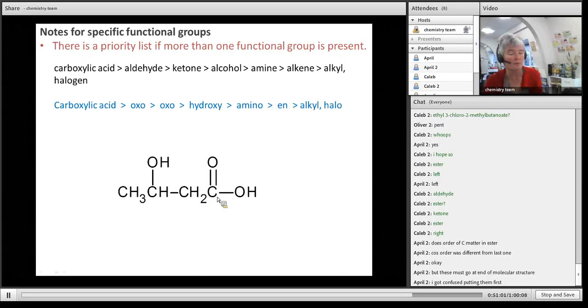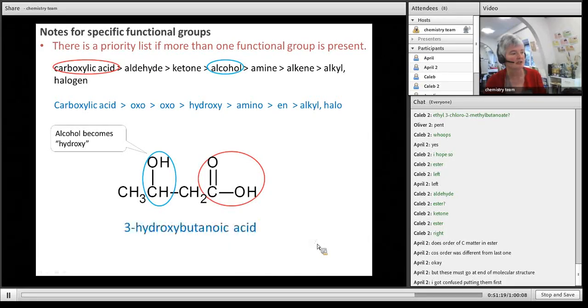This is a side chain, so the OH becomes hydroxy on the third carbon. So it'll be 3-hydroxy, and then it's 1, 2, 3, 4 butanoic acid. So that's just 3-hydroxybutanoic acid. Okay, let's do some more.